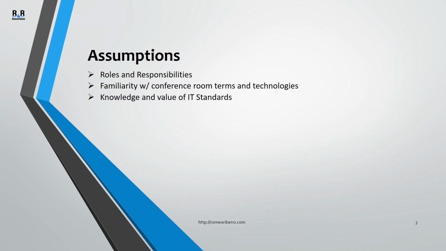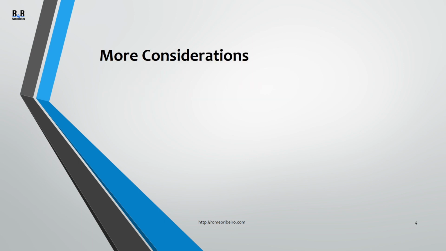Outside of this set of assumptions, we also have some more considerations. We're going to start with this one: the level of maturity of your IT enterprise architecture. You need to be aware. You don't want to be too far behind or too far ahead of your own EA and its maturity level. There's this concept that one size fits all.